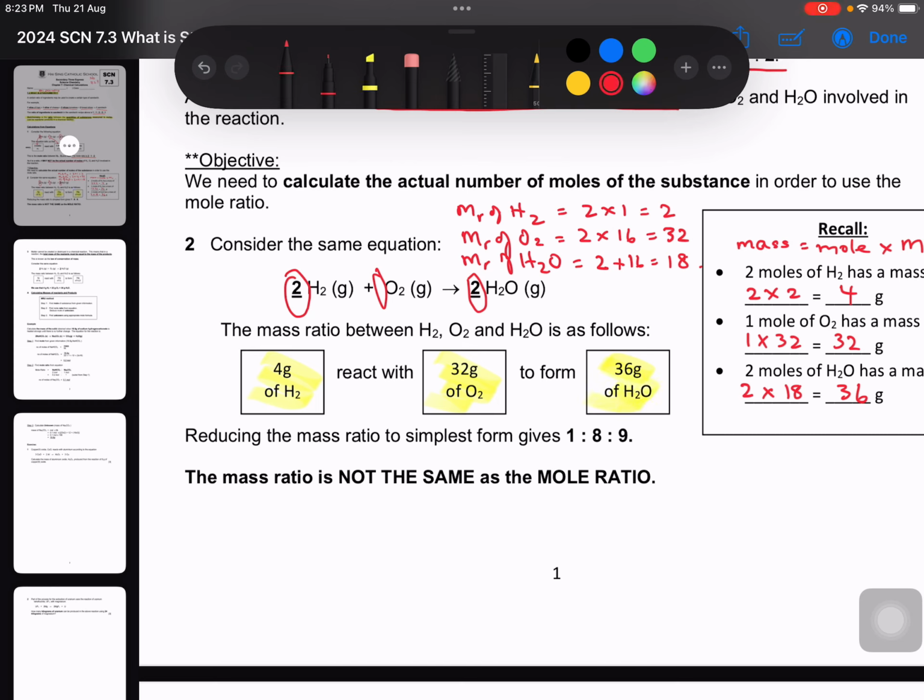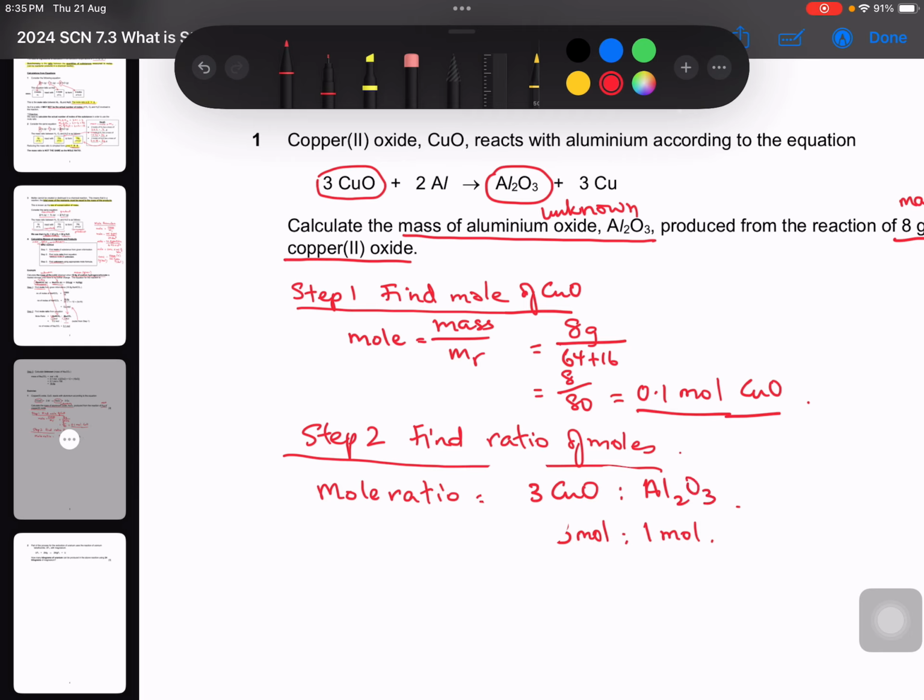Then the ratio is therefore 3 moles is to 1 mole, by looking at the balancing number. So 3 CuO is to Al2O3, and it's 3 is to 1.